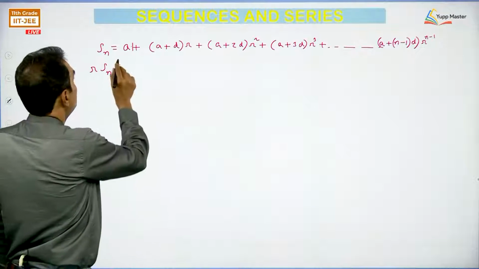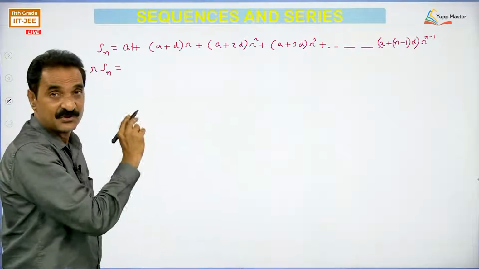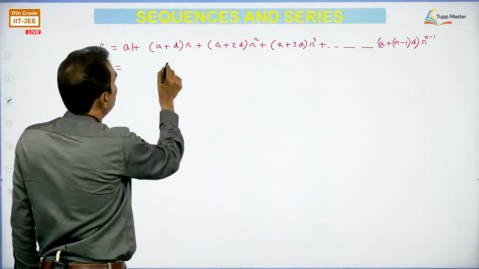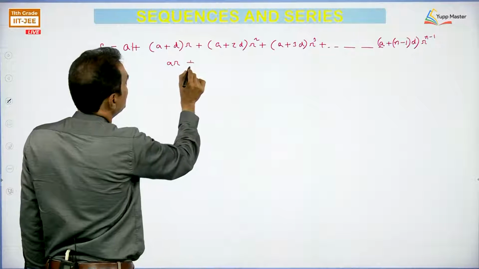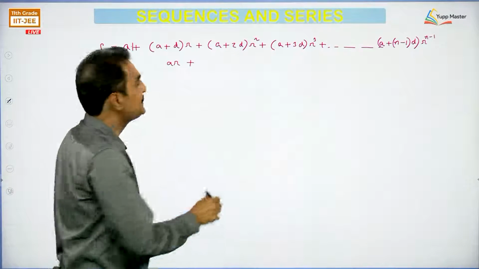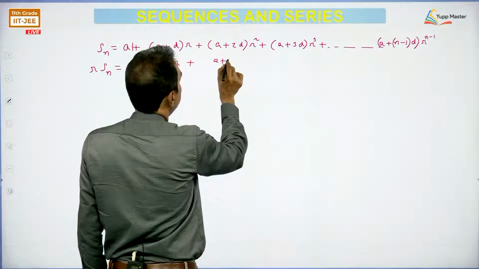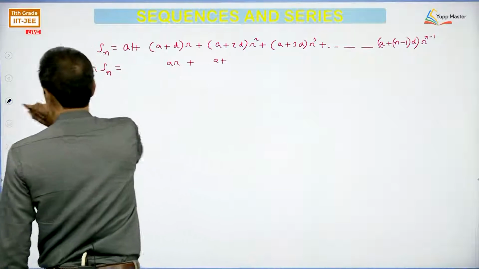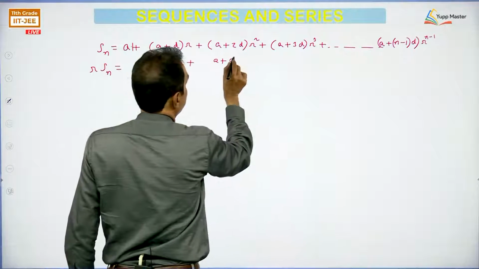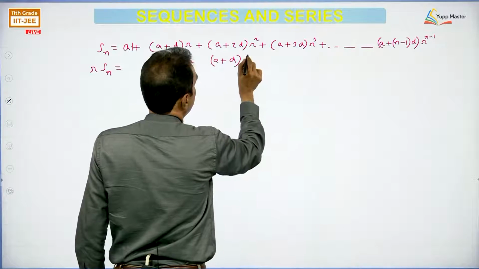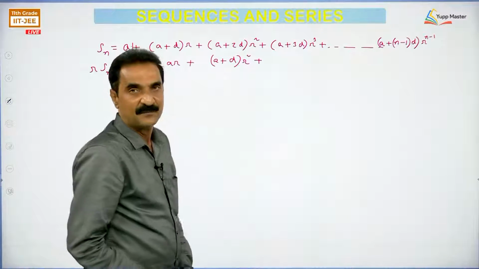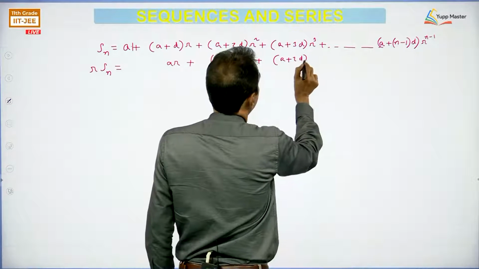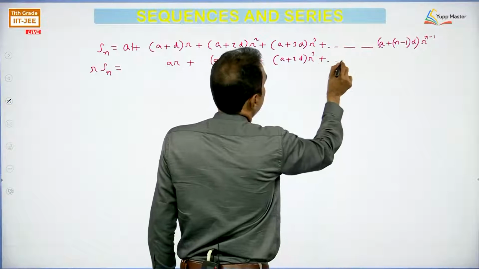Common ratio of the GP is R, so multiplying both sides by R, we get R into Sn is equal to A into R, AR, but you should start writing the second row from second place. A into R is AR, right under the second term, plus this into R will be A plus D into R square, right under the third term. Plus this into R will be A plus 2D into R cube. And so on.